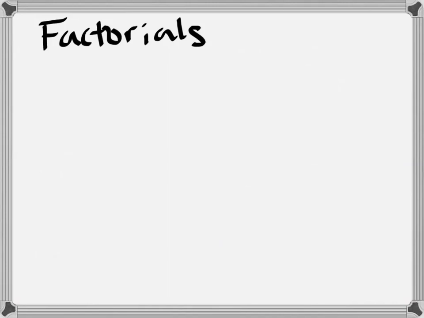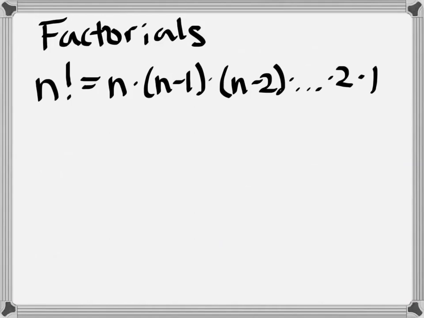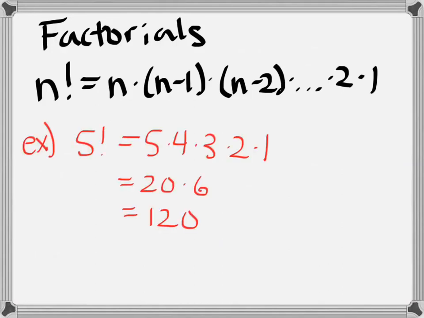Alright, we are now ready to talk about factorials. N factorial is the number gotten by multiplying n by n minus 1, by n minus 2, all the way down to 1. It's going to be important to know how to multiply these factorials, but this formula is a little bit confusing, and in practice it's actually easier to use.